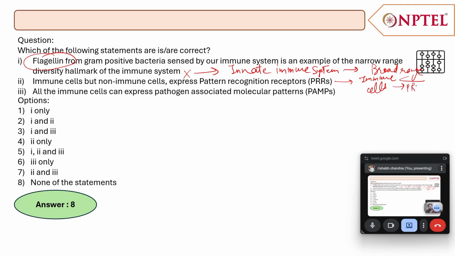Okay, and the immune cells can express pathogen associated molecular patterns. No, PAMPs are basically expressed by the pathogens or the microorganisms. Okay, so all the three statements are incorrect, so none of the statements are correct.